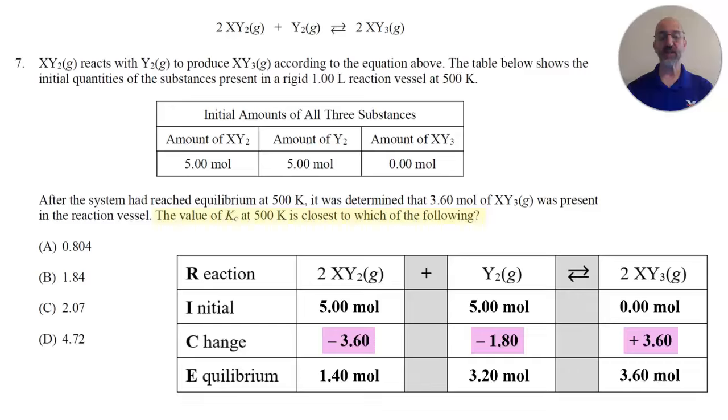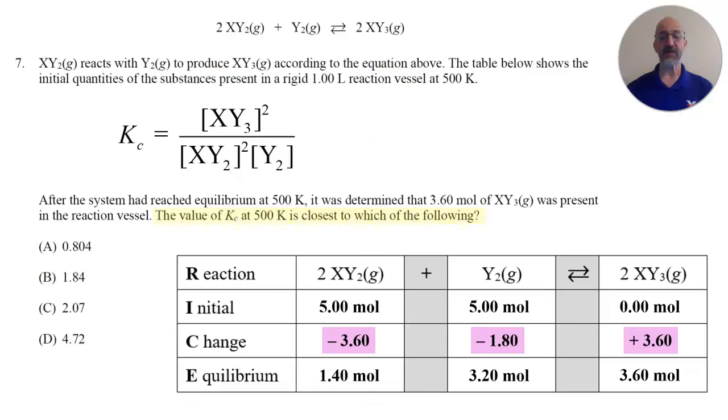So now that my RICE table is complete, I will read what we have to determine in question 7, which is that the value of the equilibrium constant Kc at 500 Kelvin is closest to which of the following. So what I will do next is write the equilibrium constant expression based on this reaction. That would be products over reactants, and because it's a Kc, C for concentration, the Kc looks like the following.